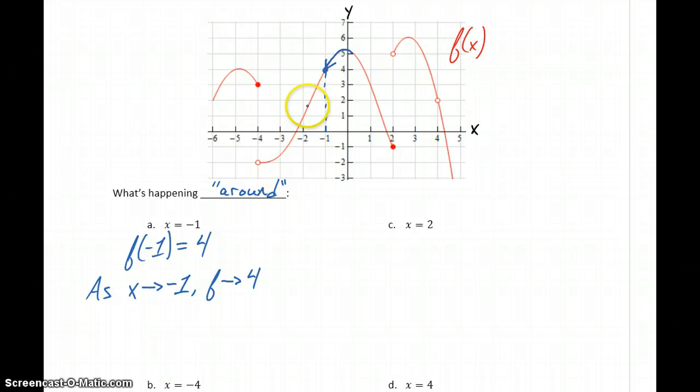So now we can look at the same thing as we approach from the left. As we approach from the left-hand side, we're still getting closer and closer and closer to that same function value of 4. So in this case, as x approaches -1, our function value is approaching 4, from the left and right-hand sides.